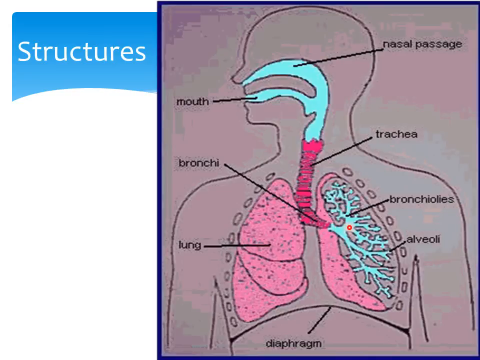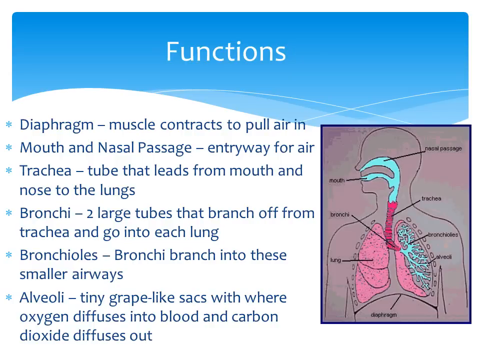They're just smaller tubes or smaller airways, and then the bronchioles end in these things called alveoli, and alveoli is where the magic is going to happen with oxygen and carbon dioxide. Then the last structure is the diaphragm, down here, and that's actually a muscle that helps control our breathing. So let's look at this again and look at the functions of each of these things.